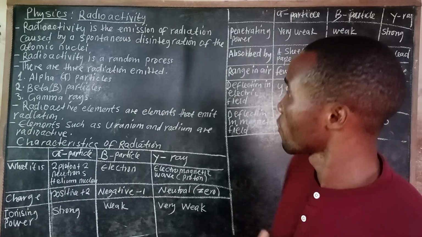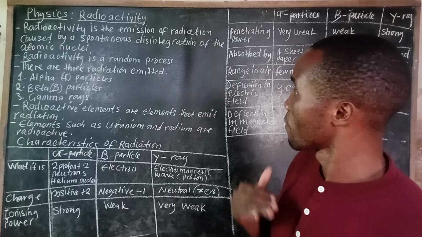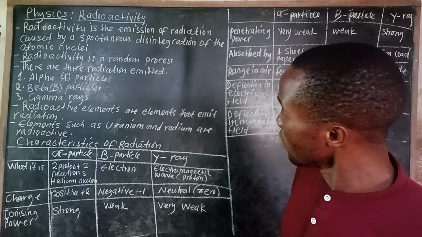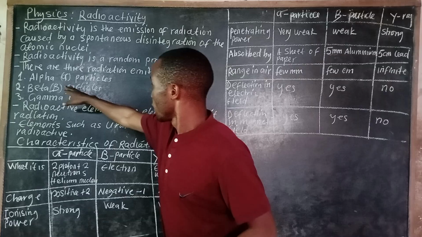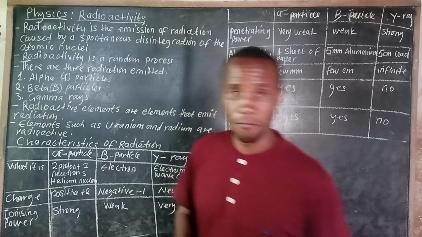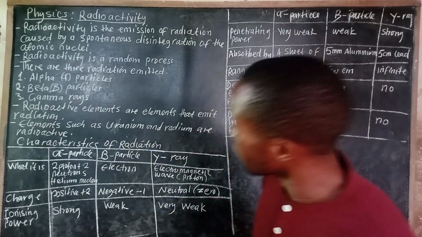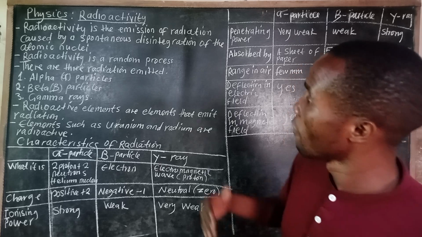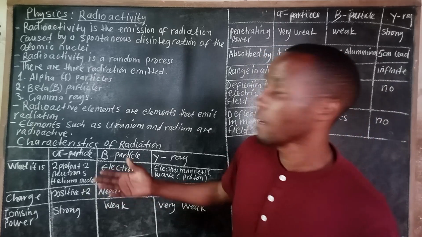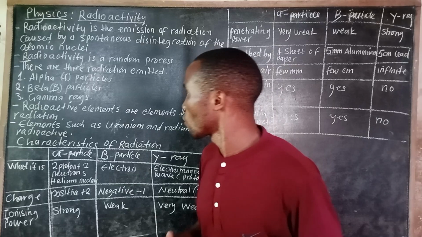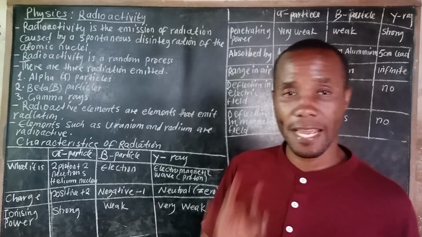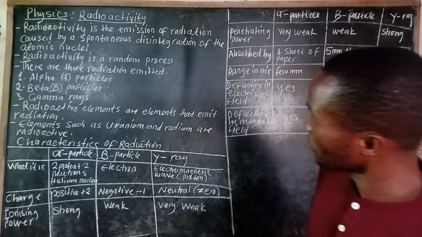We have to know this. On Earth, we have three radiations emitted. The first one is alpha, which is represented by this symbol, alpha particles. The second one is beta, which is represented by this symbol, beta particle, and then gamma rays. So we have three emitted radiations.